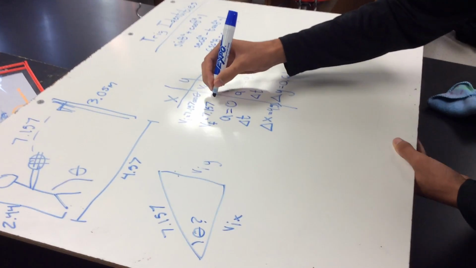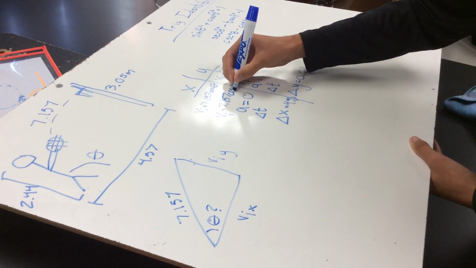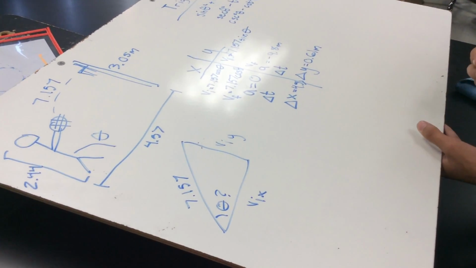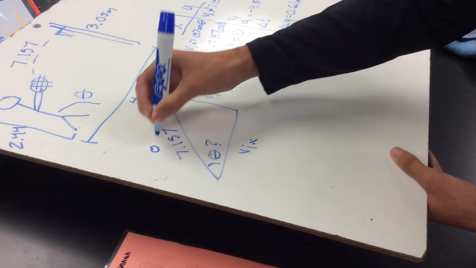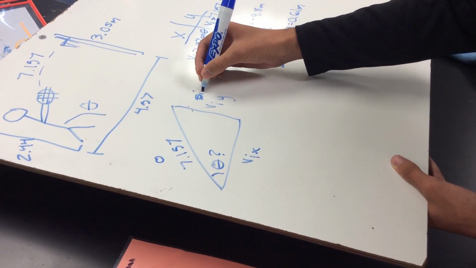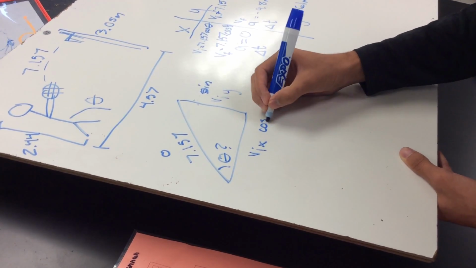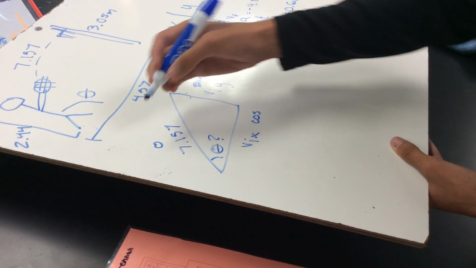And then the initial velocity and final velocity of x are just going to be 7.157 cosine theta. Since sine is opposite over hypotenuse, that's going to be your sine, and this is going to be your cosine because it's adjacent over hypotenuse.